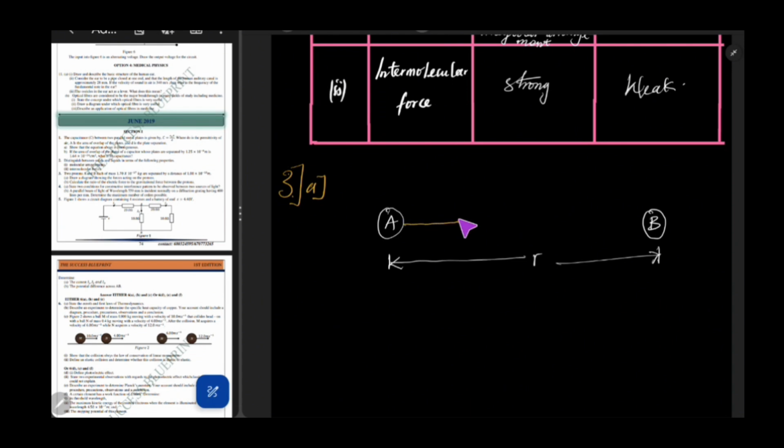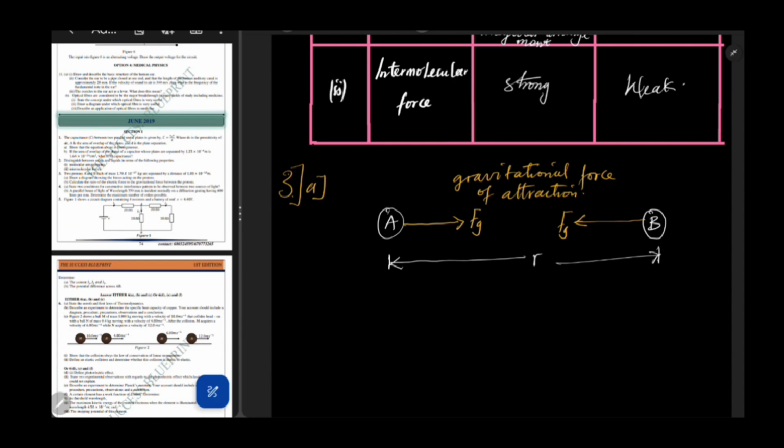So A will be attracted towards B, given by a force Fg, while B as well will be attracted towards A, given by a force Fg. These two forces are called the gravitational force of attraction. Now that's not all about the forces acting on A and B. Secondly, A is a proton, B is a proton, and we all know that protons are positively charged.